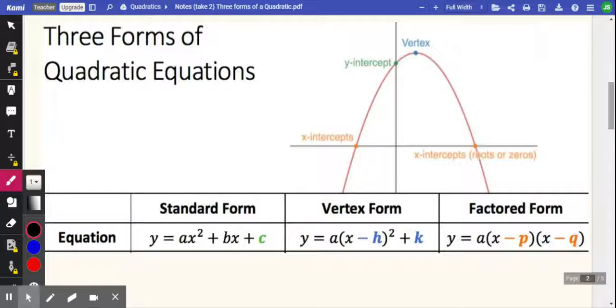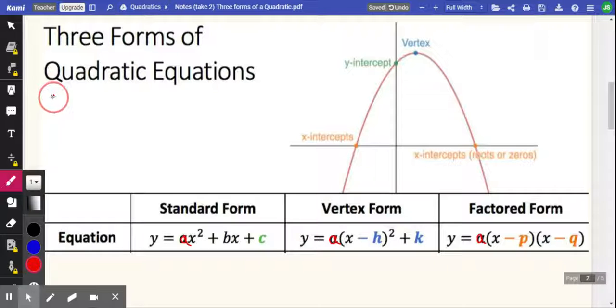So we have the standard form, the vertex form, which is our new form this week, and also the factored form. What you may notice, and I'm going to point this out before we get started, is that each one of these out in front of the x squared has this a. Okay, and that a tells us a lot of information before we even start.